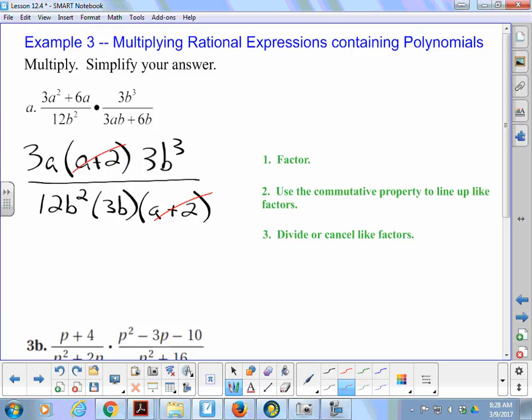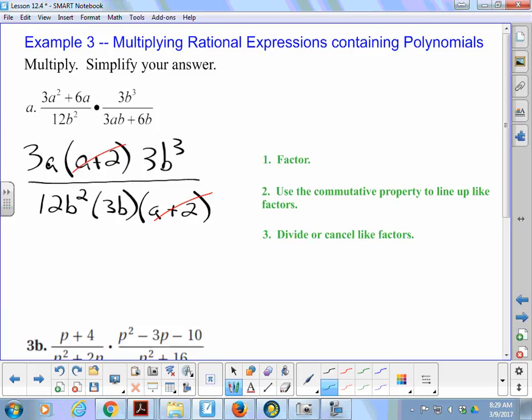Now, there's many different ways to approach the rest of this. You could start canceling things right now if you wanted to, and you'd probably do most of it correctly. What I'm going to do, though, is multiply these two monomials together, 3a and 3b cubed, and also the 2 in the denominator before I simplify.